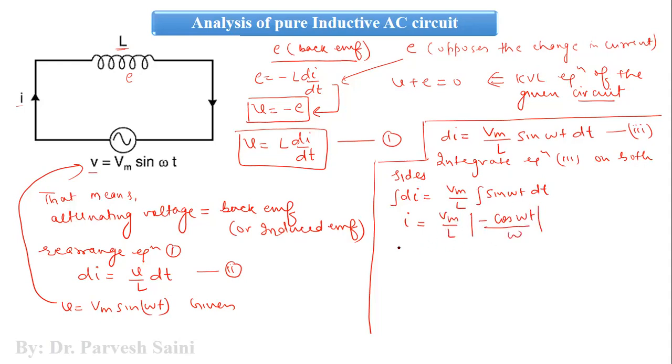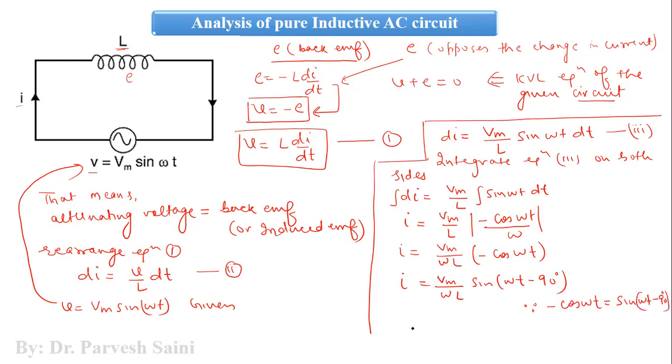So we can simplify this one. It is Vm by omega L, and this is your minus cos omega t. This minus cos omega t is also equal to sin omega t minus 90 degrees, because minus cos omega t is equal to sin(omega t minus 90 degrees).